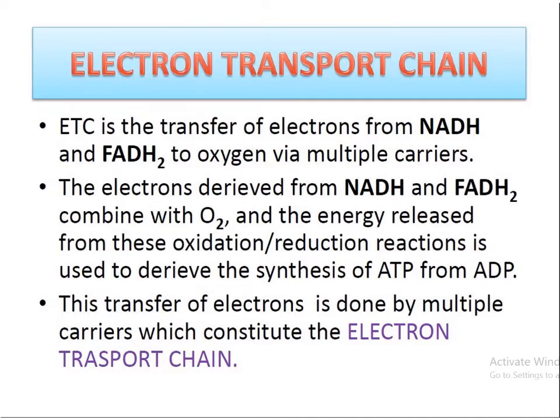That means ATP production. ATP is the biological currency of a cell. So this transfer of electrons is done by multiple carriers which constitute the electron transport chain.